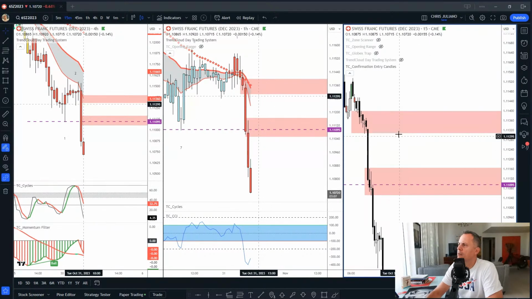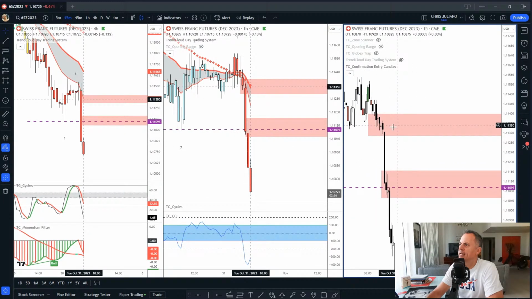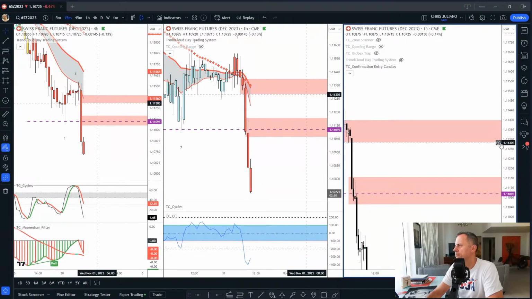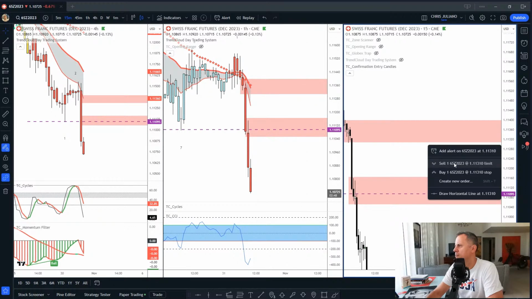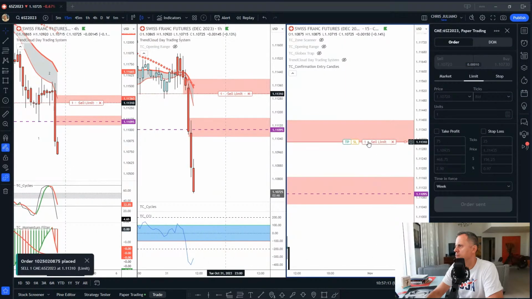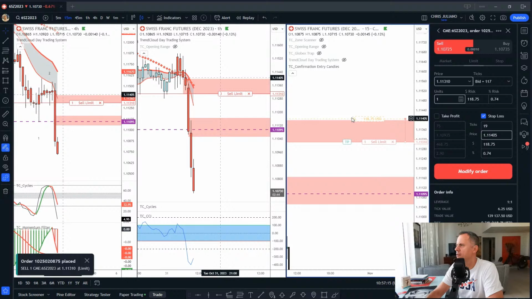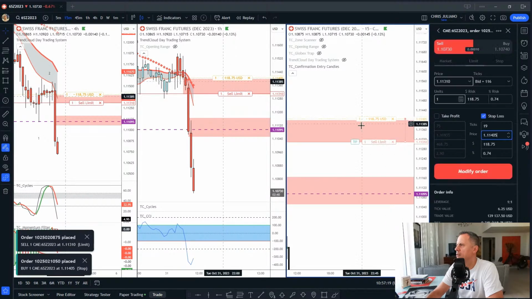This is better than this because this formation took place above the break of structure, and we've got a TrendCloud component to it. So this is the better zone here. Sell. I think we can get 2 of these. Yeah. Or maybe not.